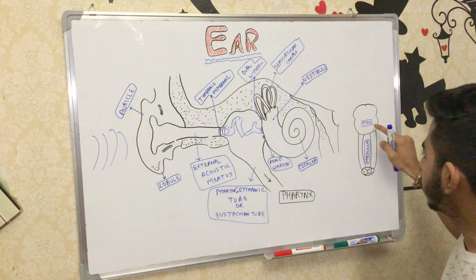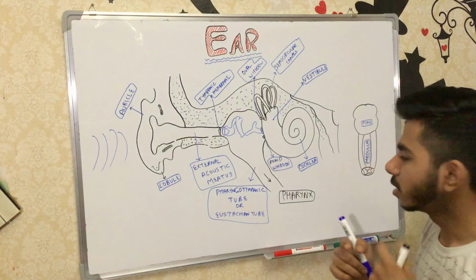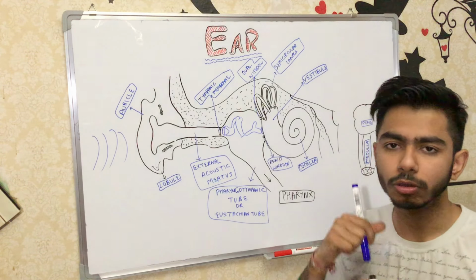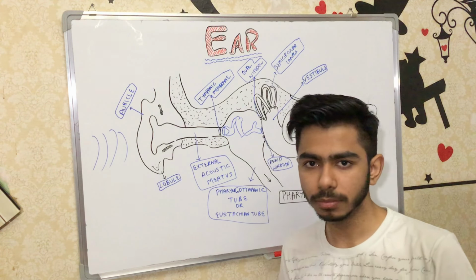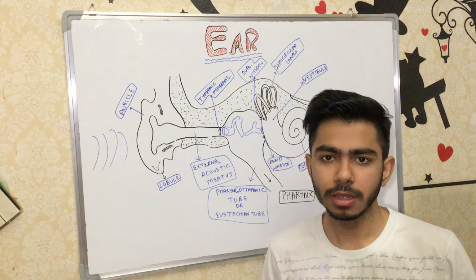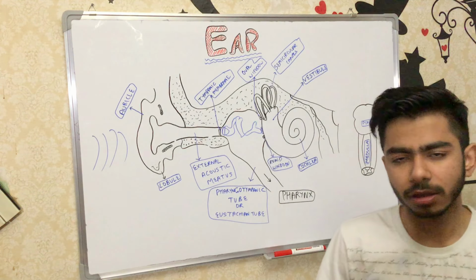It goes to the pons from both sides, of course, and sends the signals to the brain. That's how we are able to hear different kinds of voices. That is the physiology behind the hearing of different voices.